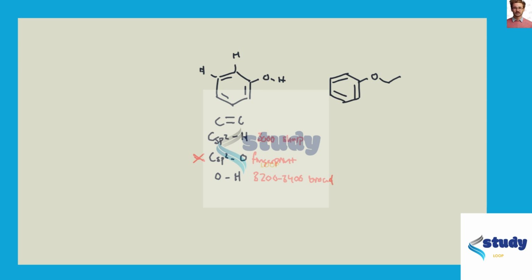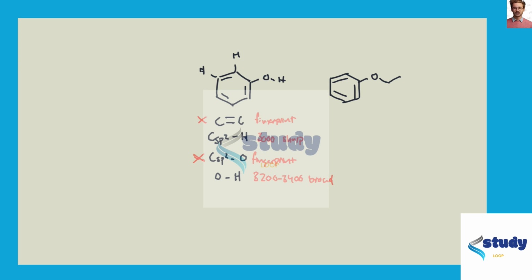Okay, and then we've got carbon-carbon double bonds. These also show up in the fingerprint region, right? So there's no diagnostic stretch for carbon-carbon double bonds. And so then let's look at phenetole, right?